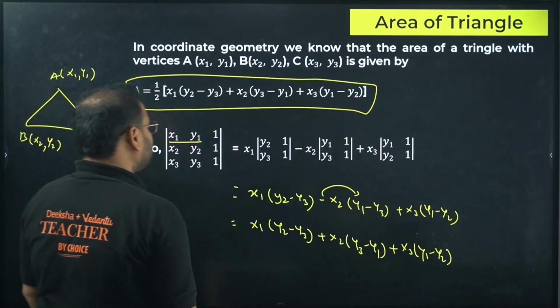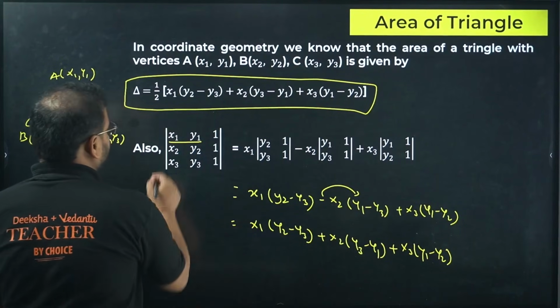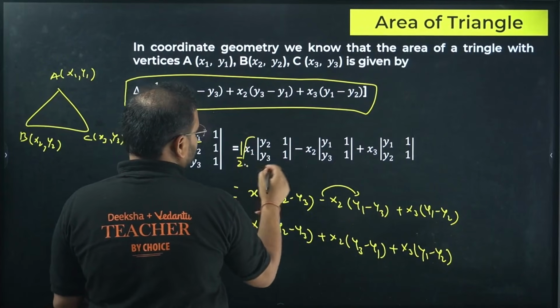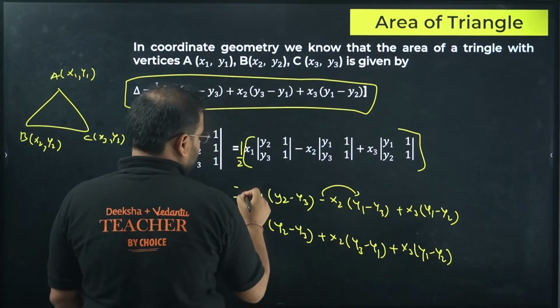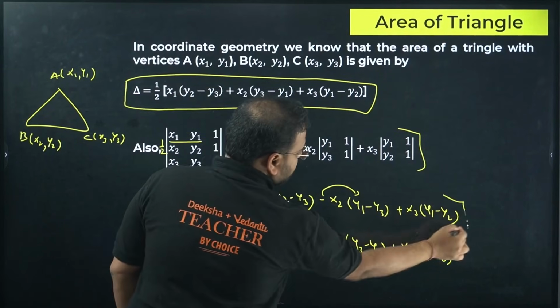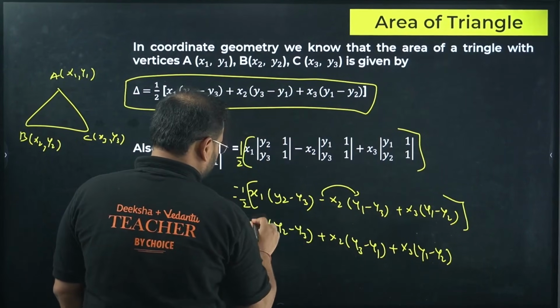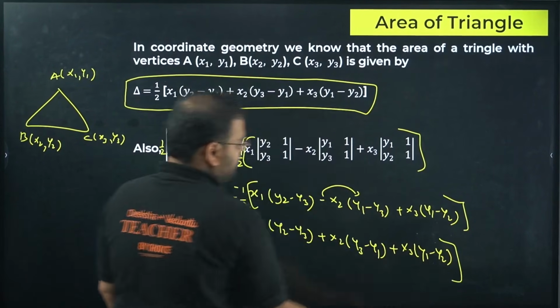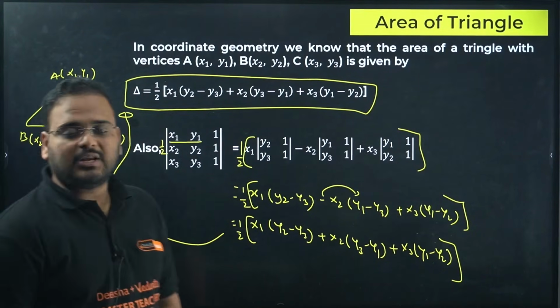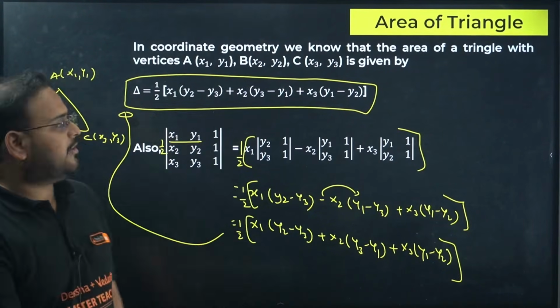Now if you multiply this whole thing by 1 by 2, the result is the same. So you can use the determinant application also in the area of triangle.